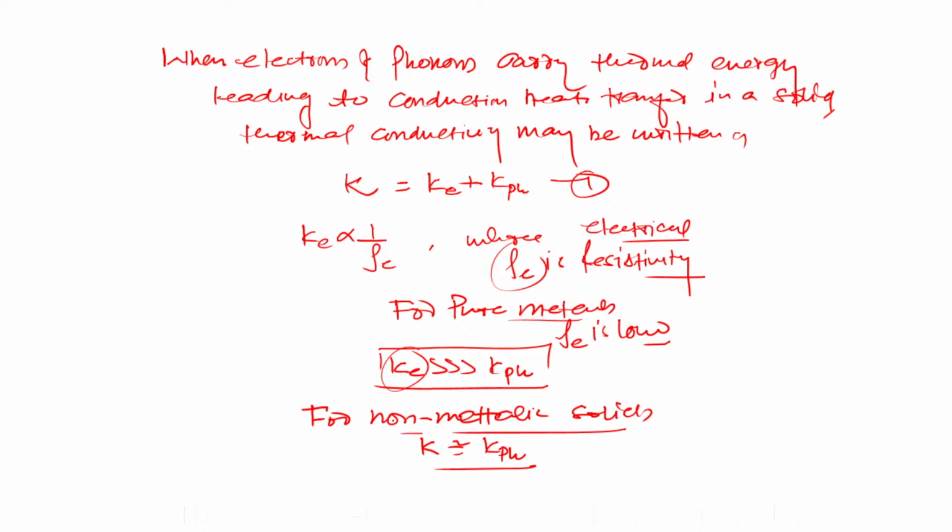So for non-metallic solids, where the flow of free electrons is absent, the thermal conductivity is primarily due to phonons, and this will increase as the frequency of interaction between the atoms or lattice increases.